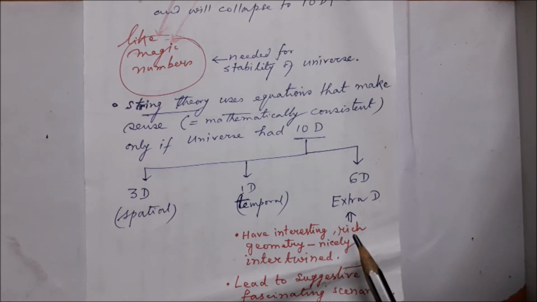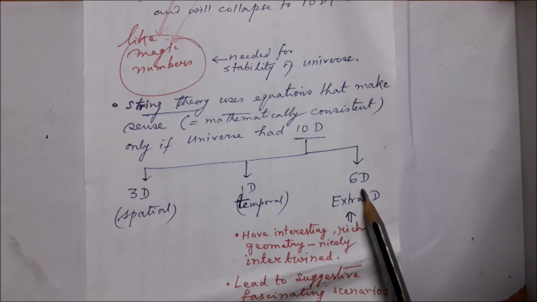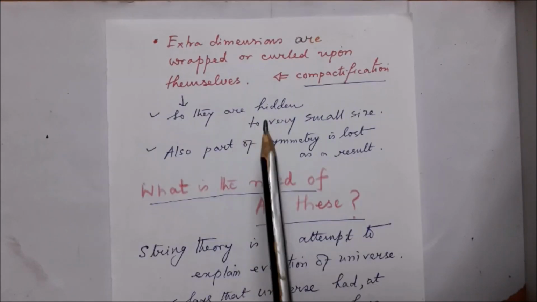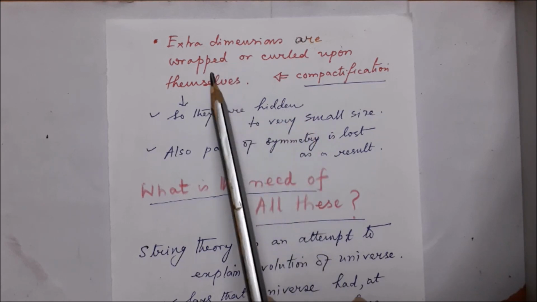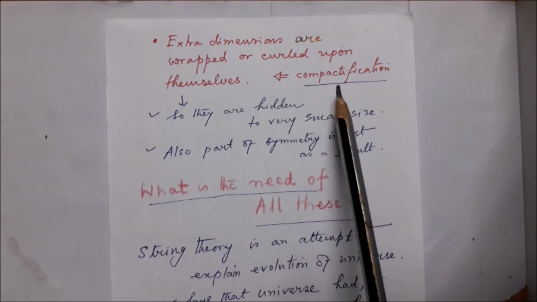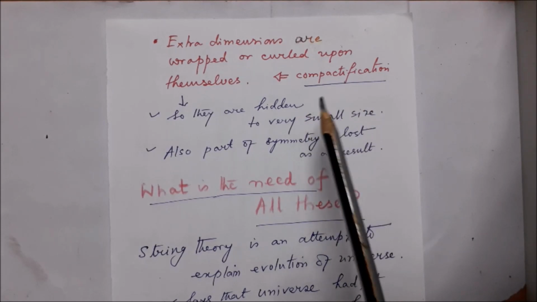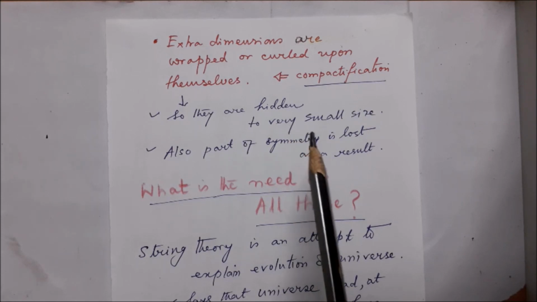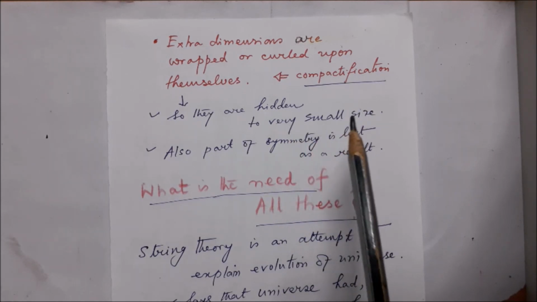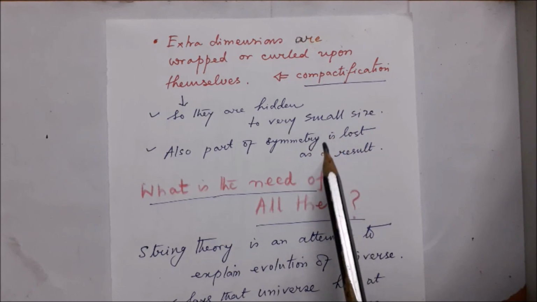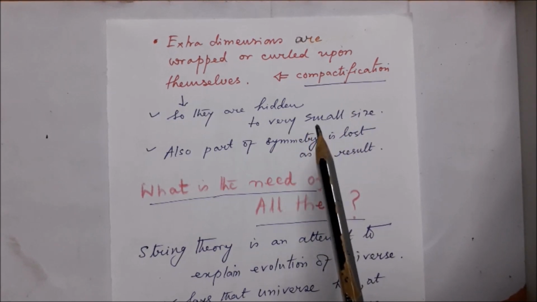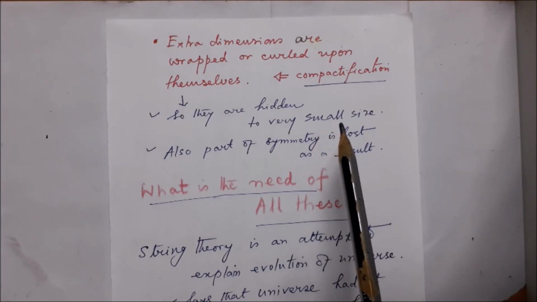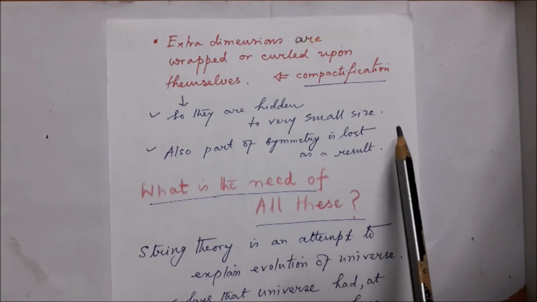The main characteristic or hallmark of these 6 or 7 extra dimensions, as per this theory, is that they close upon themselves, they curl upon themselves, they get wrapped up through a process called compactification, which makes dimensions hide into a very compact space. So let me repeat again that the 6 or 7 dimensions are theoretical predictions of string theory, which is still awaiting approval of experiments that are delicate and difficult to perform.